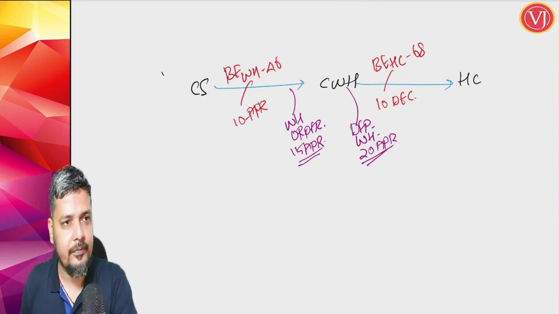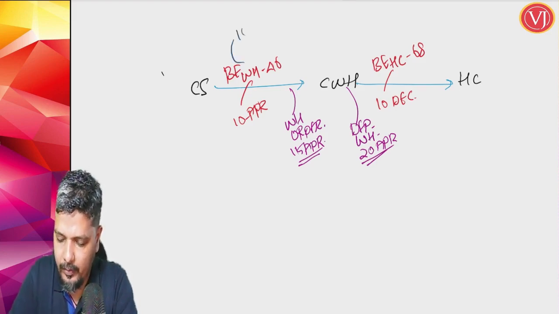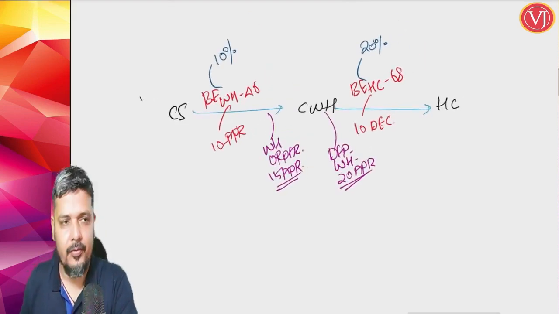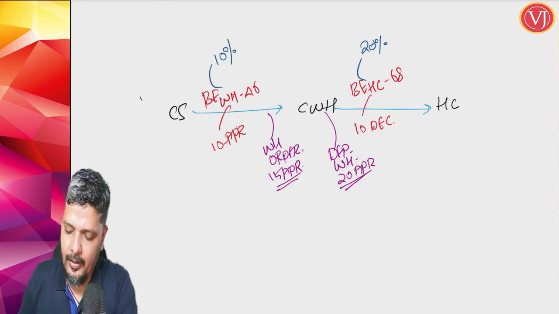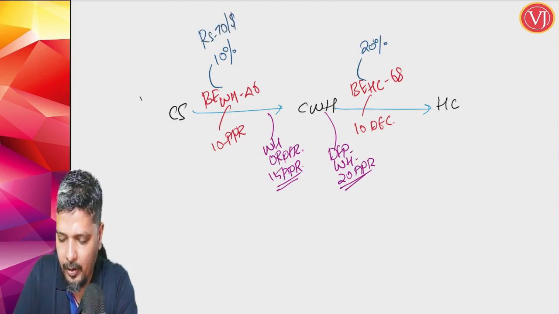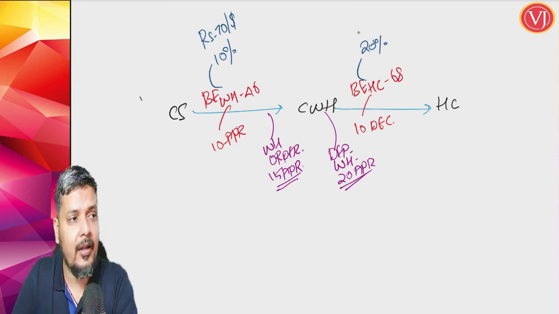Clear? When the goods are entering the warehouse, the rate of duty is 10%. When they are exiting the warehouse, the rate of duty is 20%. When the goods are entering the warehouse, the exchange rate by CBIC is rupees 70 per dollar. So whenever I am writing exchange rate, it is exchange rate by CBIC.